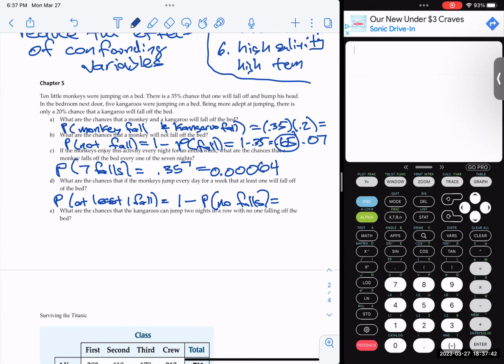If we recognize we can do the complement, we're just calculating one thing. And so this is the same as 1 minus, now not falling 7 times, probability. What is the probability of not falling on one day? 65%, so 0.65 to the 7th power.